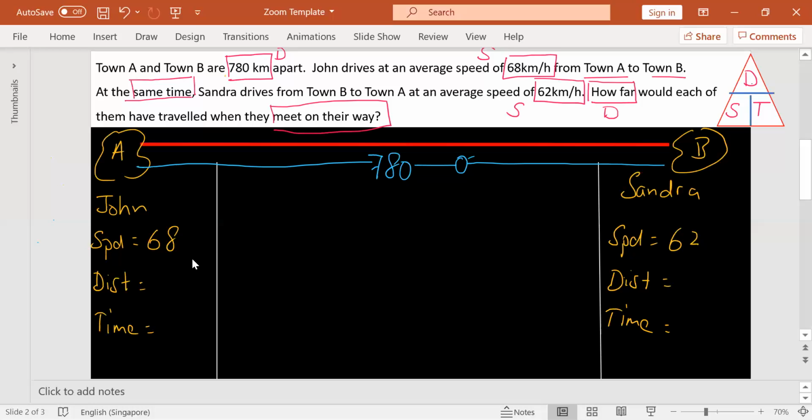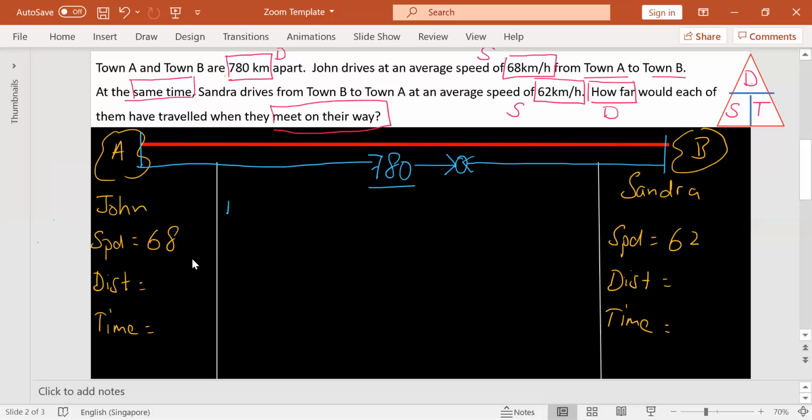And Sandra will also stop when she meets John. So if you notice, together they have covered 780 kilometers because they are traveling at the same time. So this concept is called two different speeds adding together to cover one particular distance within one particular time.